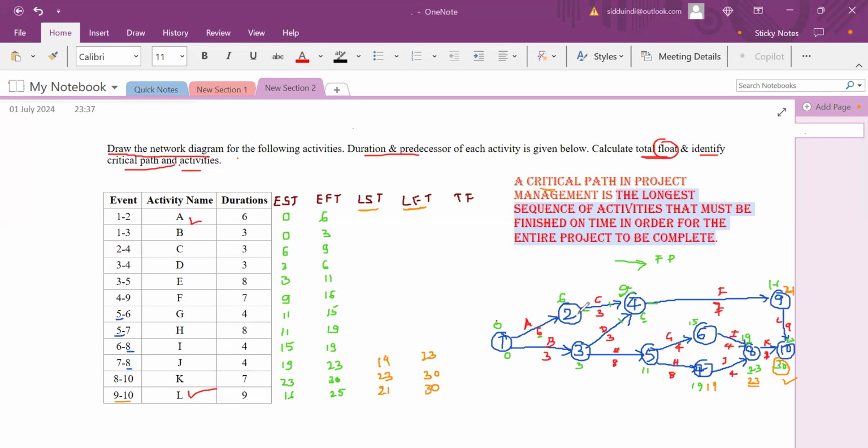Now next is 6 to 8. 23 is already there. For this, 6 to 8, which means 23 minus 4.